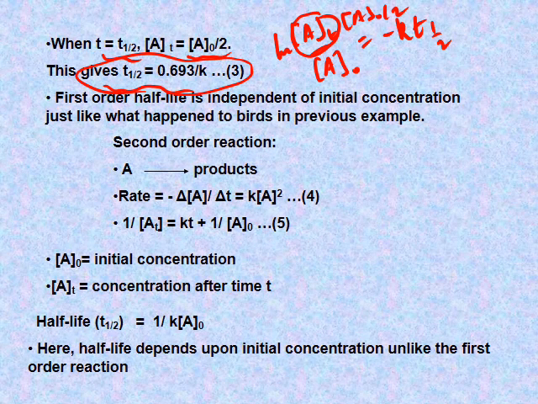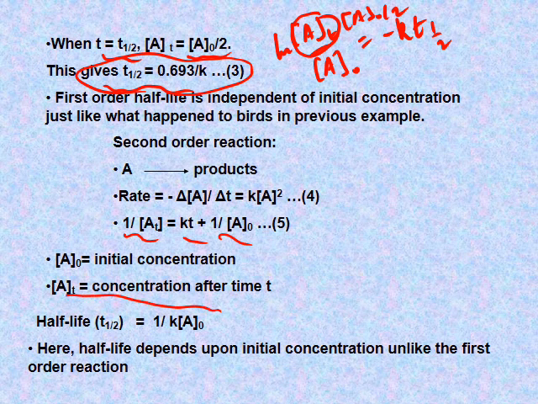For a second order reaction, the expression is like this: 1 over AT equals KT plus 1 over A0. Again, we can do a little math. AT would be A0 over 2, and after a little algebra, this is what you end up with for a second order reaction. Remember, for a second order reaction, the order is going to be 2 instead of 1. For first order it is 1, for second order it is 2.